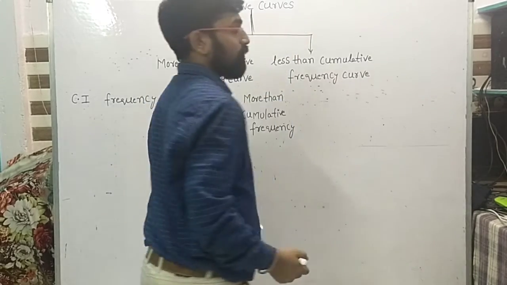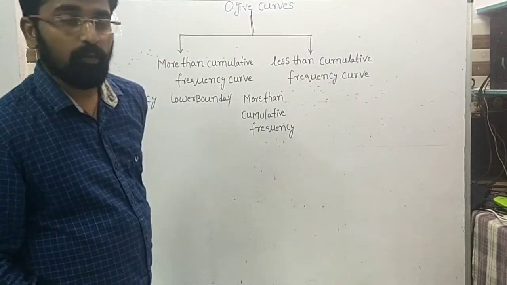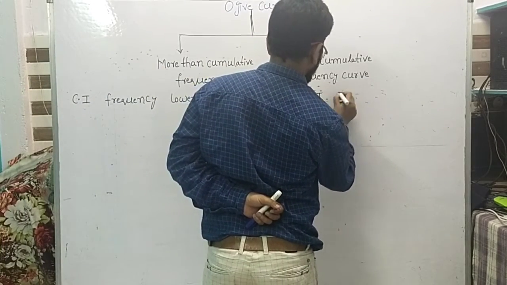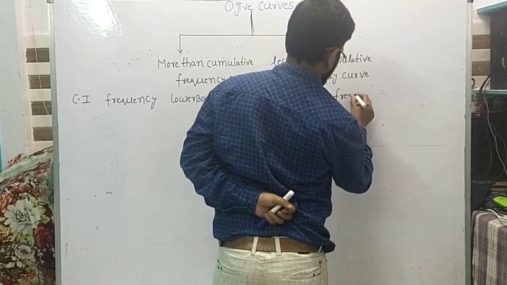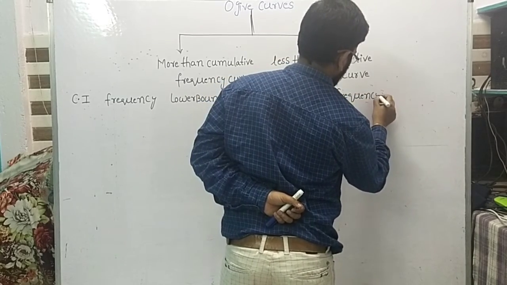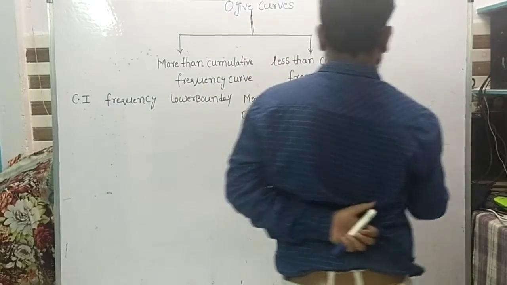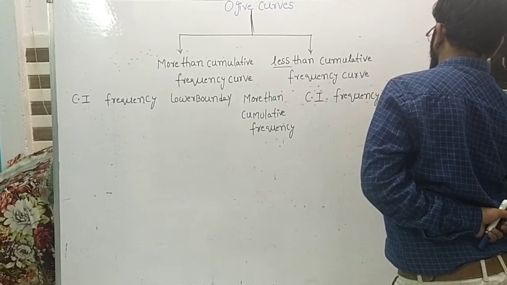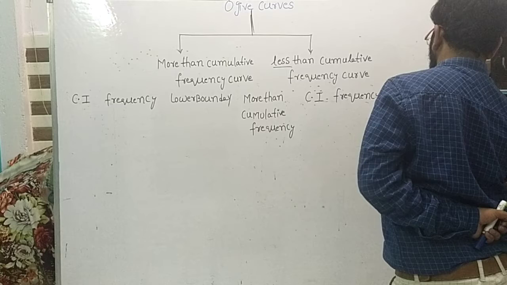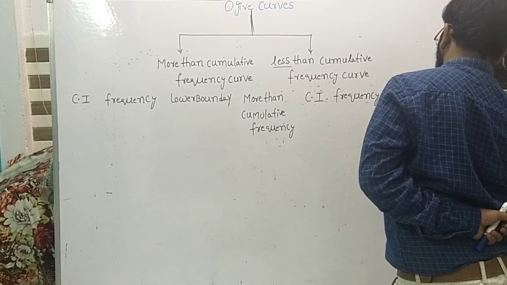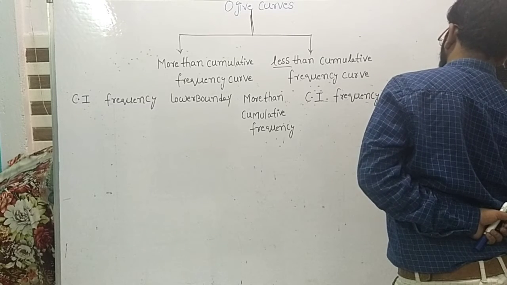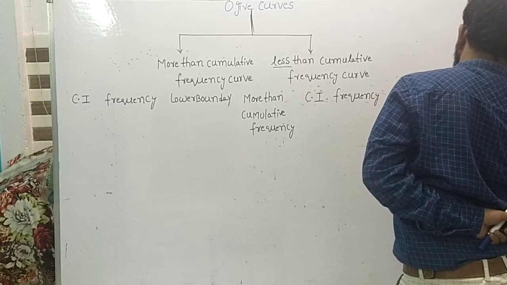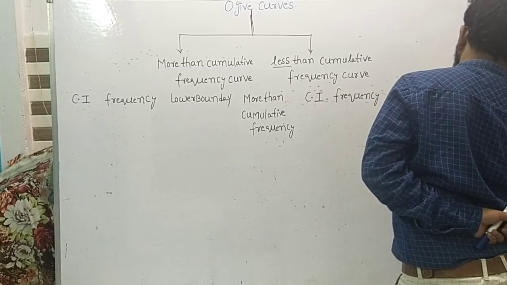Whereas in less than, we take class intervals, frequency, the upper boundary and less than cumulative frequency.